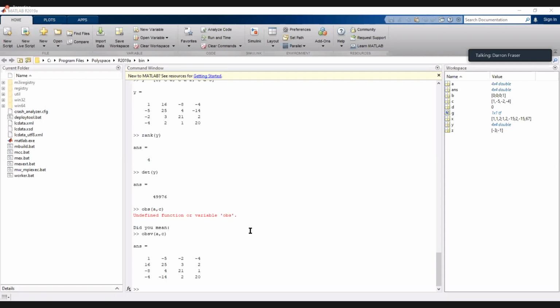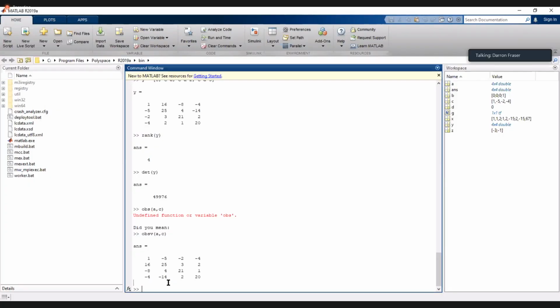Alright, so our transfer function is 1.35 divided by s squared plus 1.6 s plus 1.82. So the first thing we want to do is find the roots of the denominator.